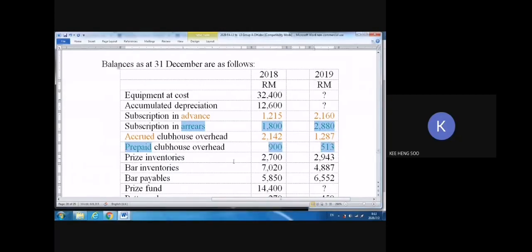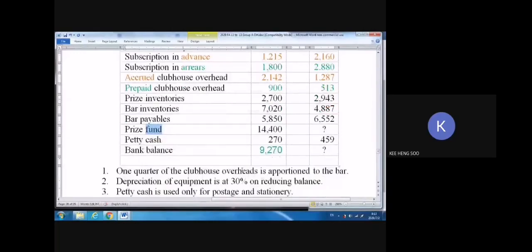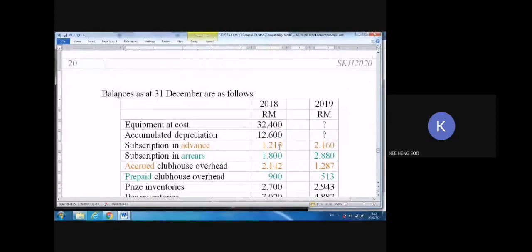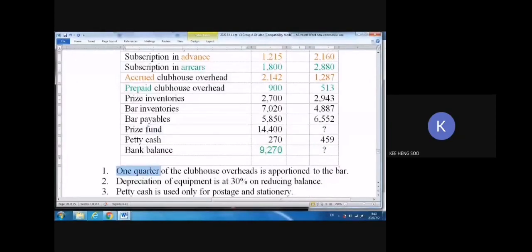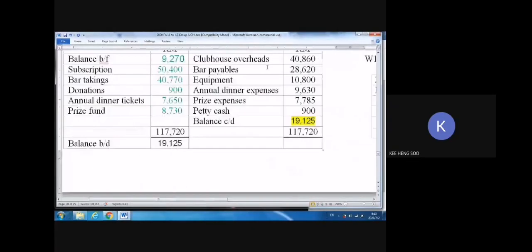Right? Okay, you got bar inventory, bar payable. You can see that this is the fund. Petty cash given, the bank balance given. One quarter of the clubhouse overhead is a portion to the fund. Clubhouse overhead, 1/4. So you need to get your clubhouse overhead.